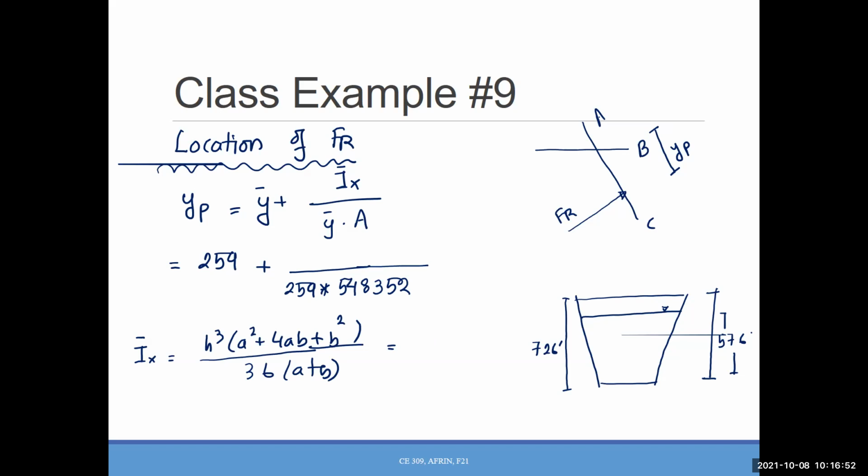So for Ix, I got something like 1.41 times 10 to the power 10. Let's check your calculation if you got something similar to that. What number you got for Ix?